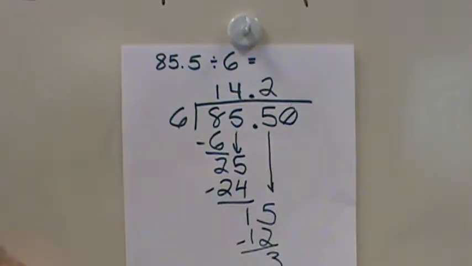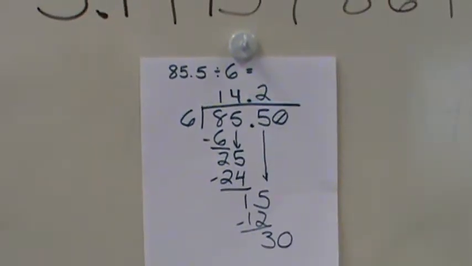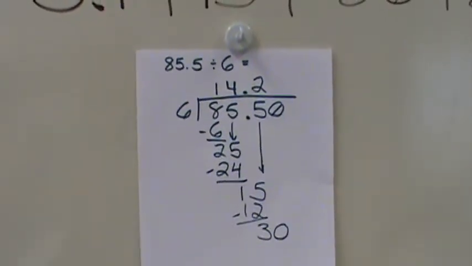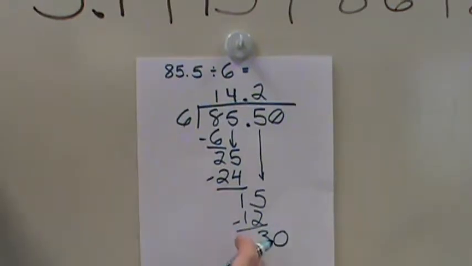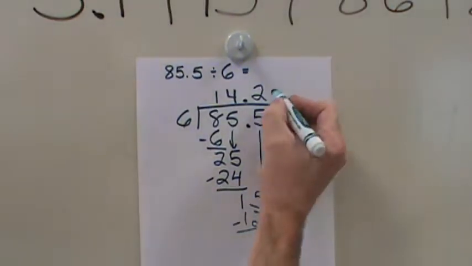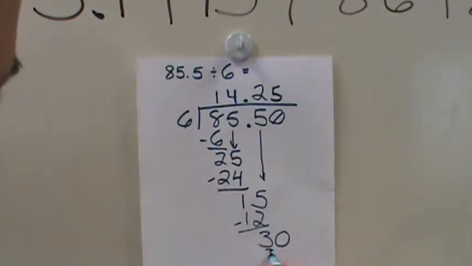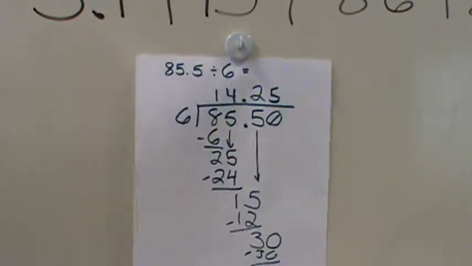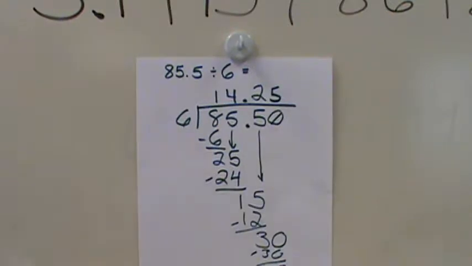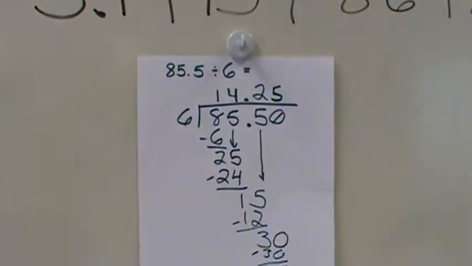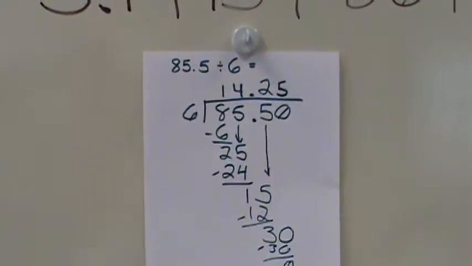So we'll annex a 0 and bring it down. Now we have 6 into 30. 6 will go into 30 5 times. 5 times 6 is 30, and we get a terminating decimal. So that was kind of neat. All right, we got to see that.